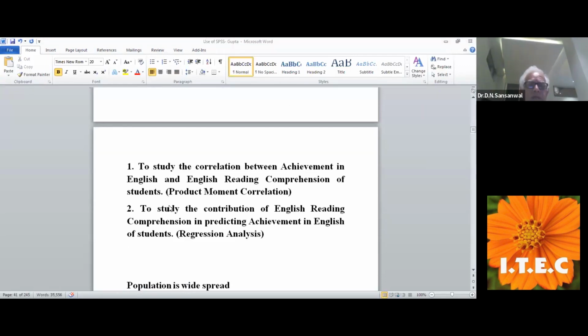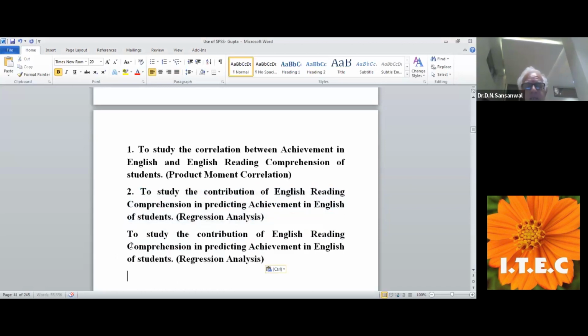Okay. So therefore, if you have something like this, then you have to use a different sampling technique. Now, how will you select? In the second one, it's the same thing. If you write like this: to study the contribution of English reading comprehension in predicting achievement in English of male and female students separately, then you have to use the stratified random sampling technique.